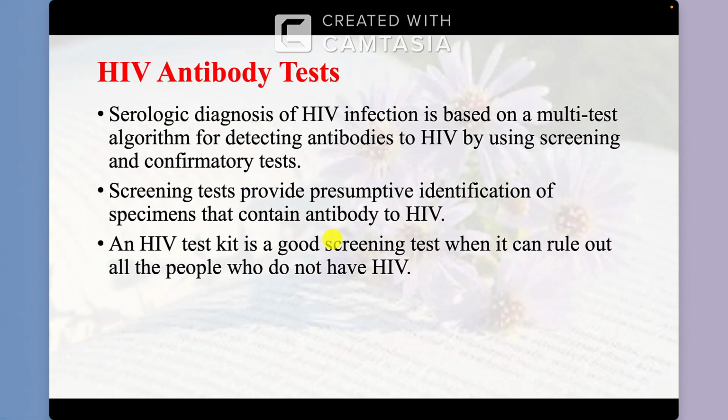Another test for detection today is for HIV, human immunodeficiency virus, with the same principle, of course. HIV causes AIDS, acquired immunodeficiency syndrome. It is a dangerous infection spread around the world.